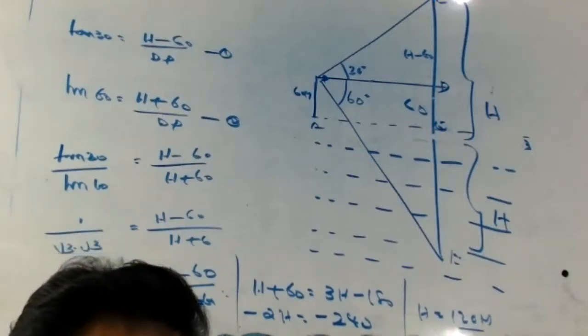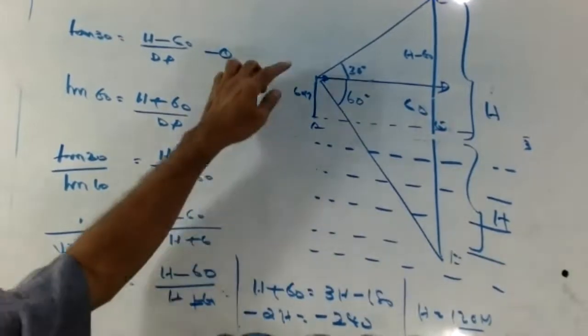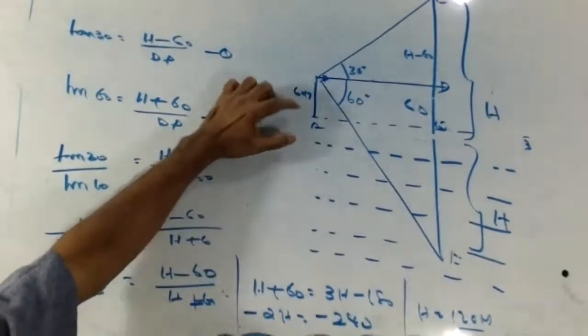Okay, look here now. Listen all. Here, the question again. Those who have doubts, listen here. The angle of elevation of a cloud from a point 60 meters above a lake is 30 degrees. That means a person is sitting 60 meters above the lake.